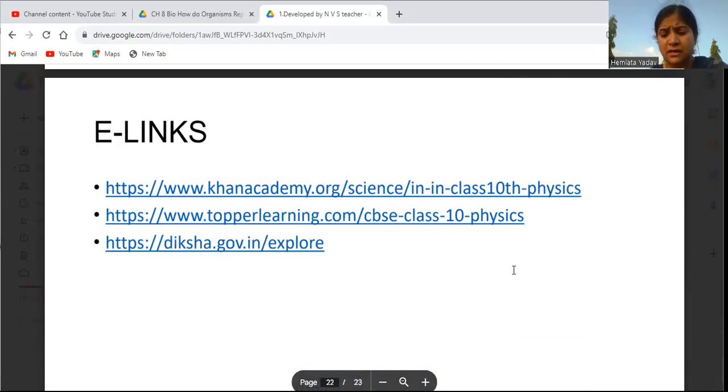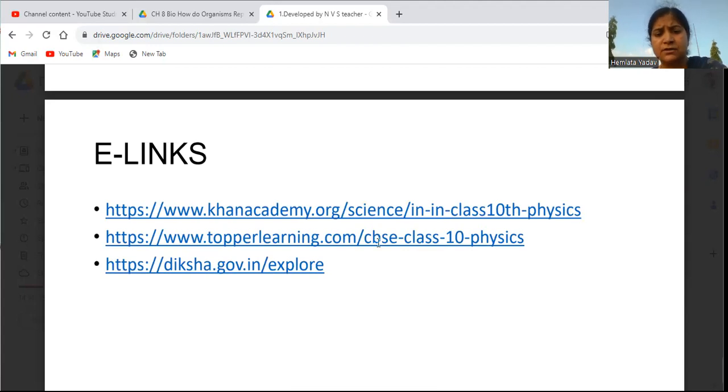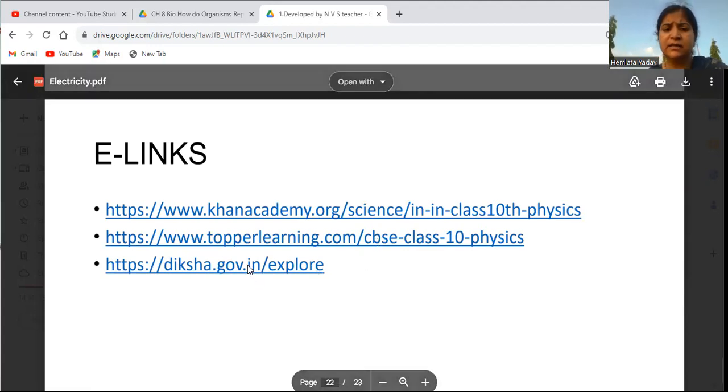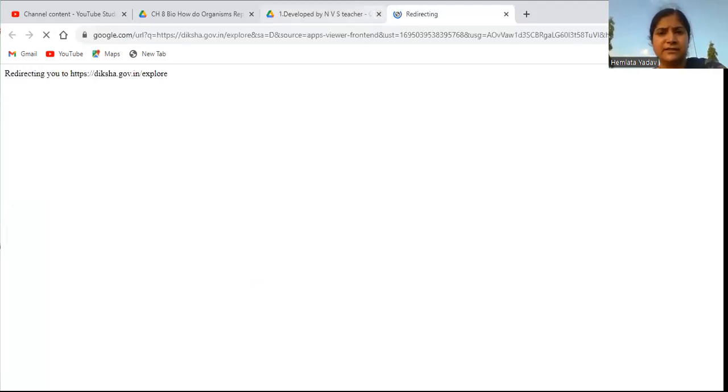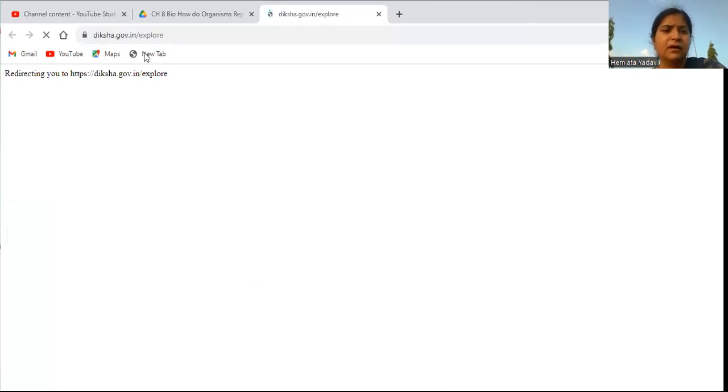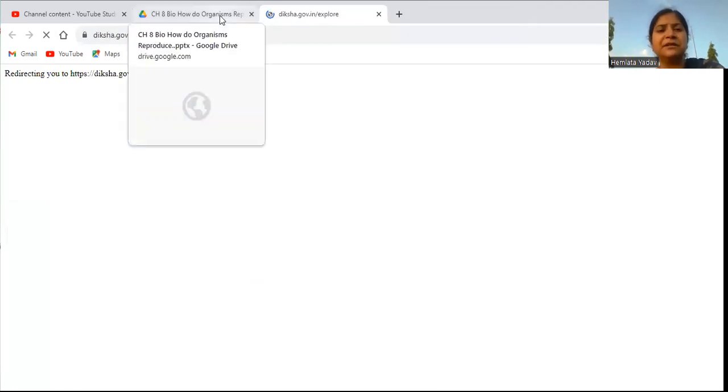There are some links from here which can be learned through Diksha. The government will also be helping you in learning about electricity. Diksha is a portal of CBSE.